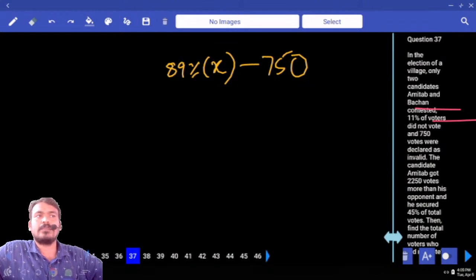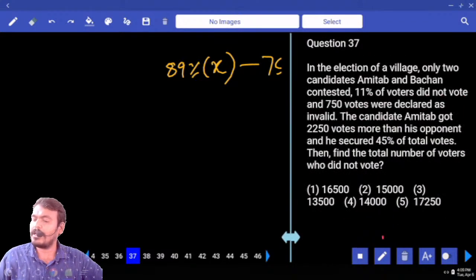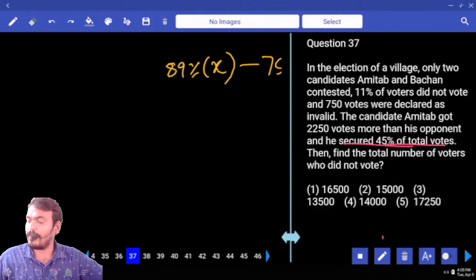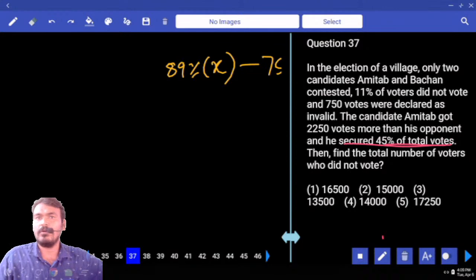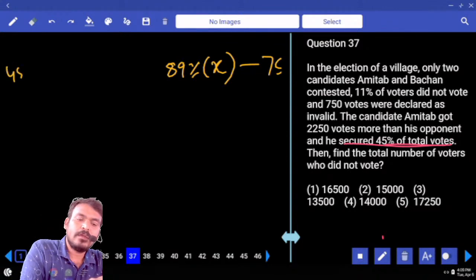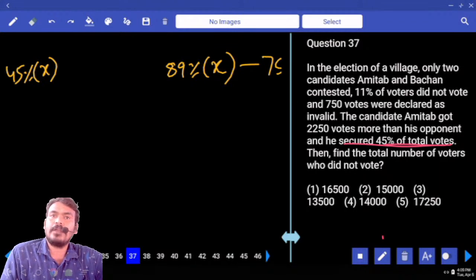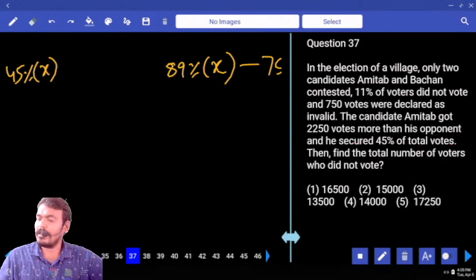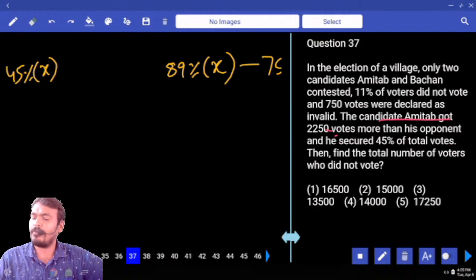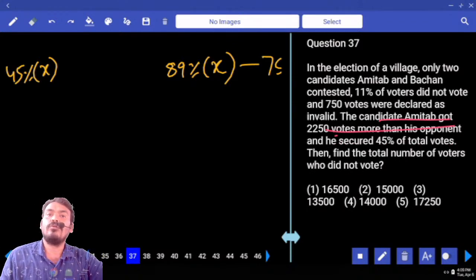Those valid votes are received by 2 candidates. One is A, another is B. And here A is getting how many votes? 45%. He secured 45% of the total votes. Means A gets 45% of X. Compared to his opponent, how many votes more? 2250 more.